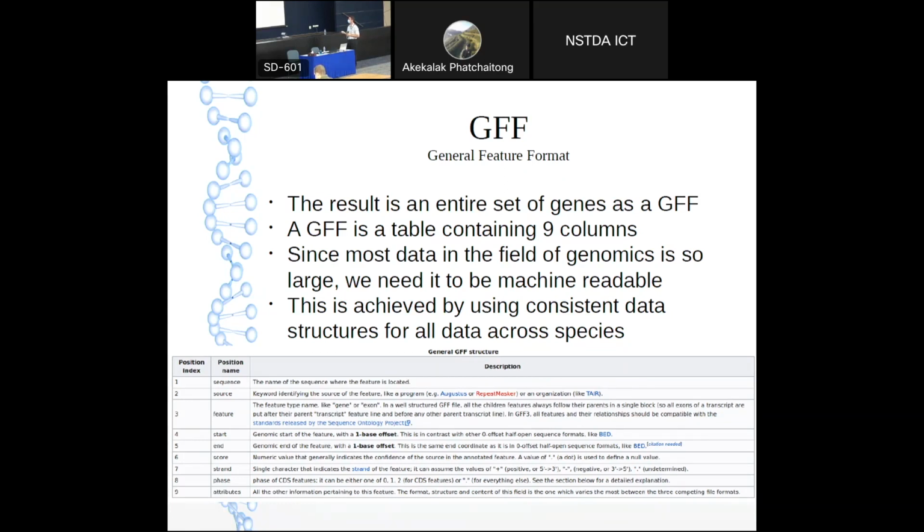Columns 4 and 5 are the start and end. 6 is the confidence score of the sequence. 7 is the strand, so whether it's on the plus or the minus strand of the genome. And then we have phase, which is usually not used for very much, and attributes, which is usually used for the name of the gene.